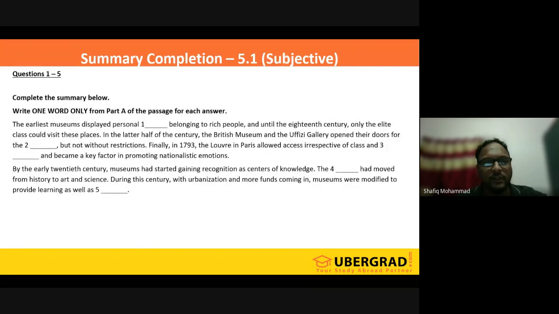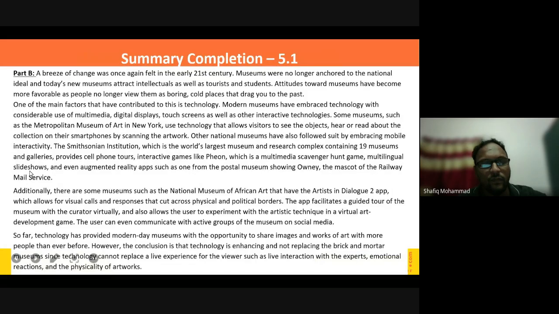Yes, in the third paragraph, such as national museums, we have artistic dialogues, two apps, and it allows visual calls in response to cut the physical and political borders.